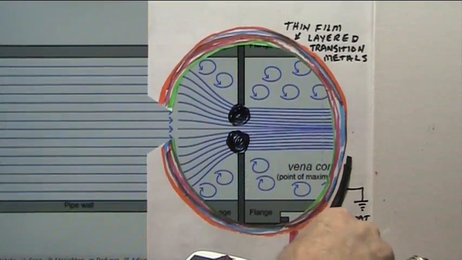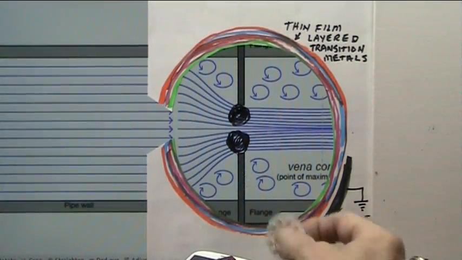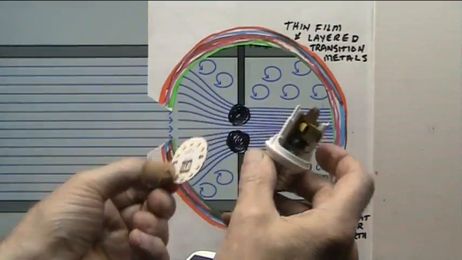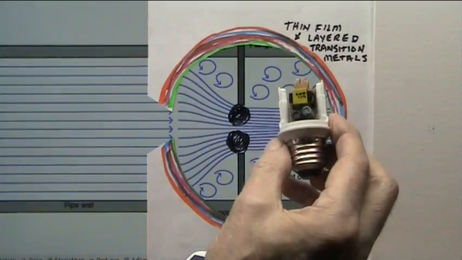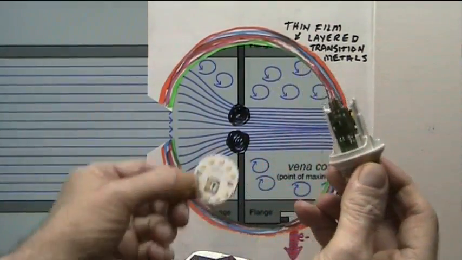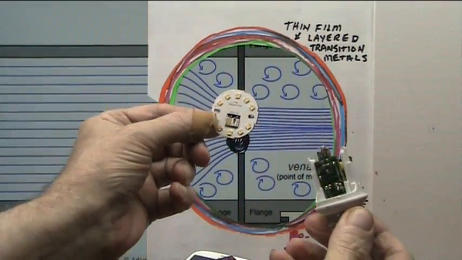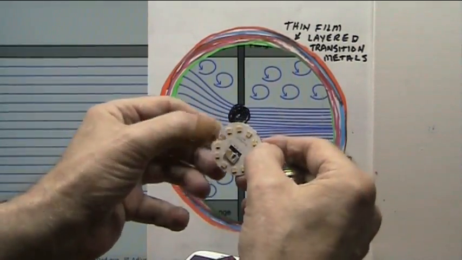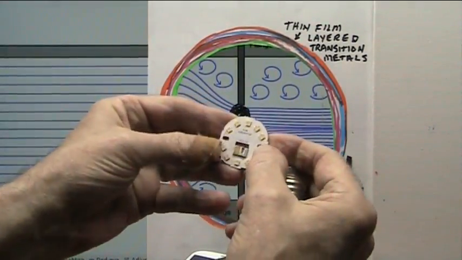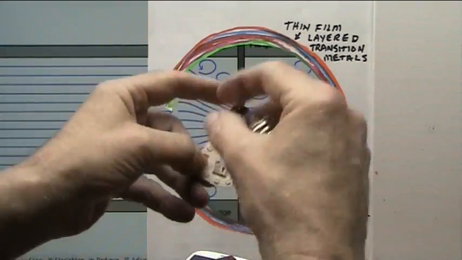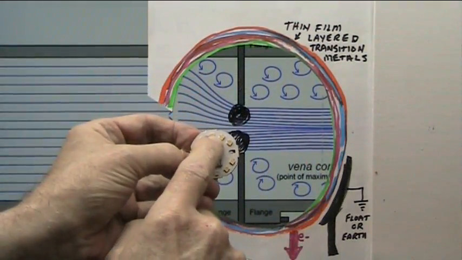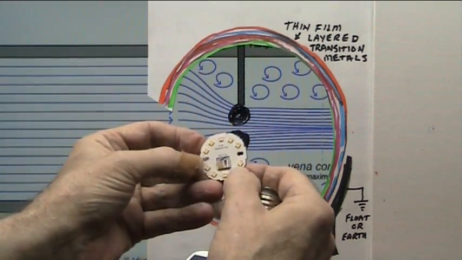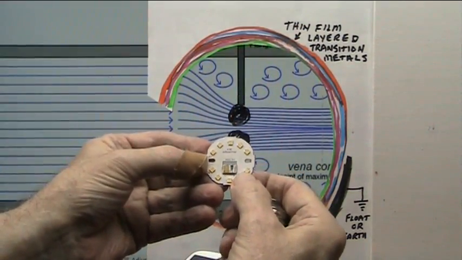And I showed very easily that these little tiny LEDs that are on the new light bulbs, all right, they take the AC, they turn it into little DC, and they drive these with very small amounts of electricity. And I was able to put my meter on each side of the LED and shine light on it and show that I could get a half a volt on each one of these little chips. And these are not even the best, and that was just with light.